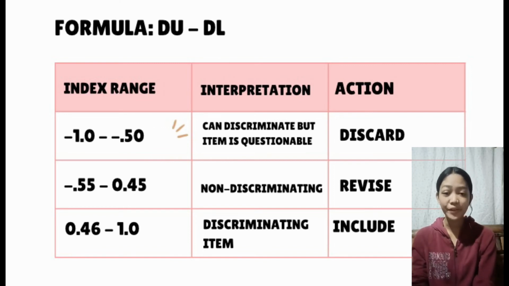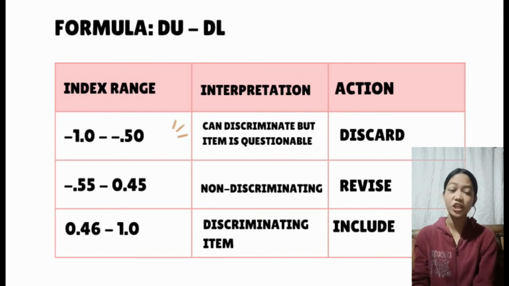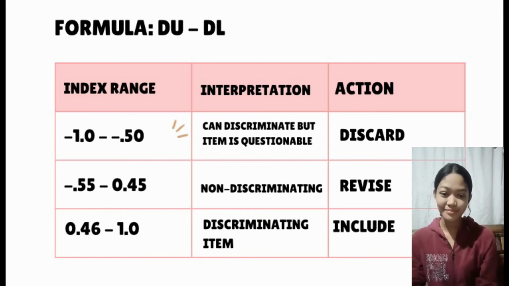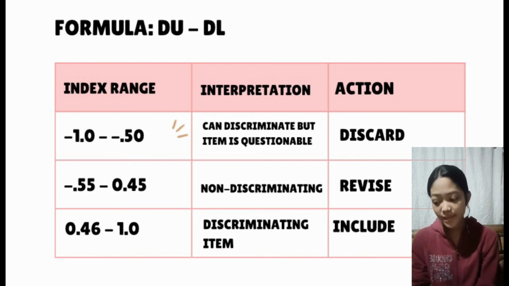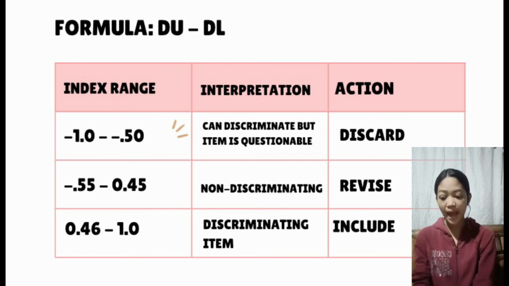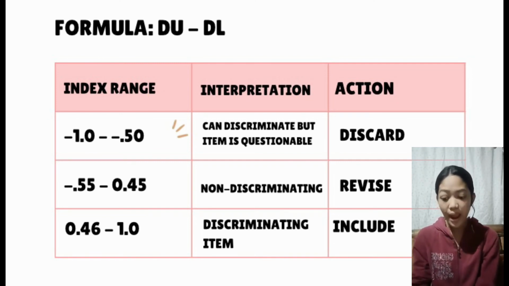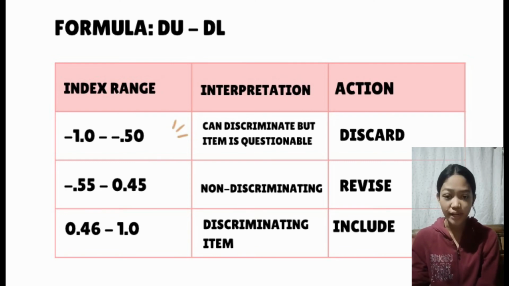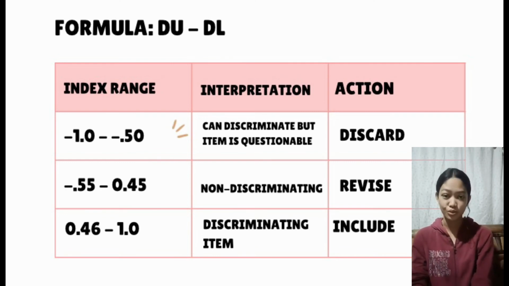Again, a perfect discrimination between students who know the learning content and those who don't. Scenario B, if all the students in the highest and lowest group answered the item correctly, in this case, there is no discrimination. Again, there is no discrimination between the students.